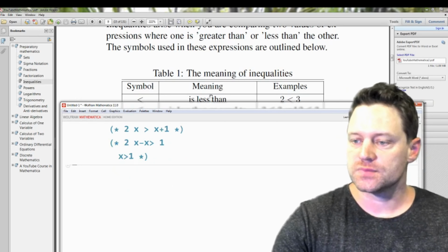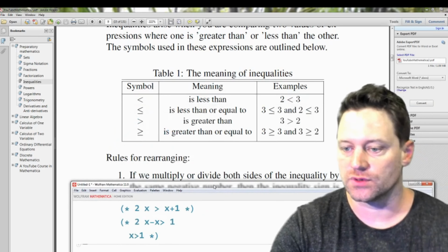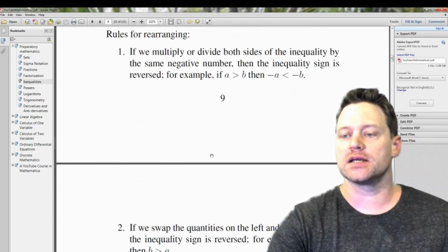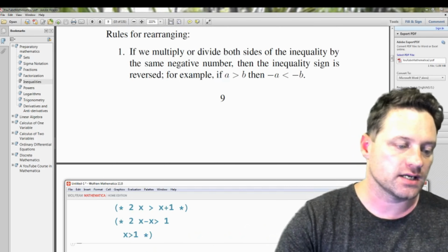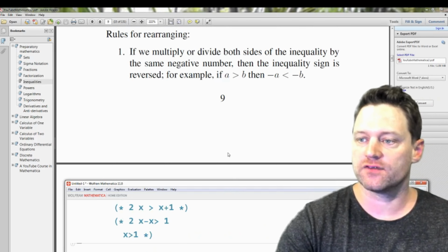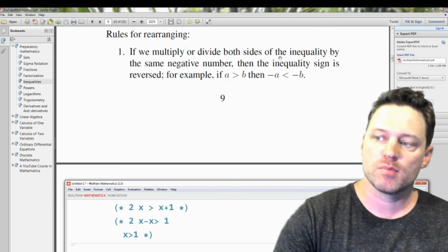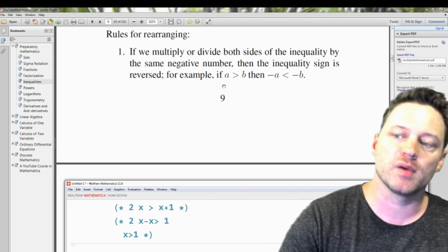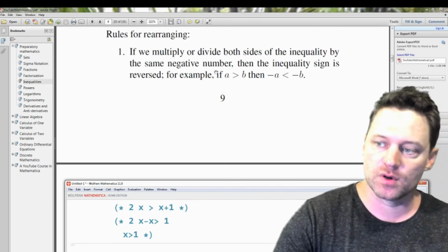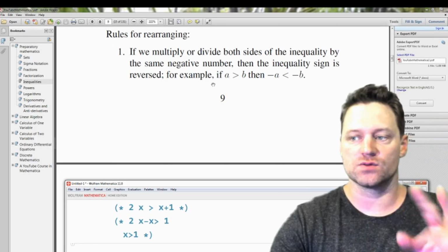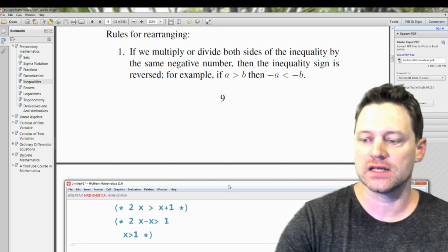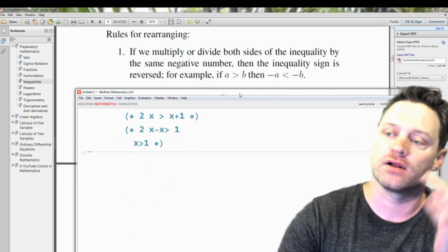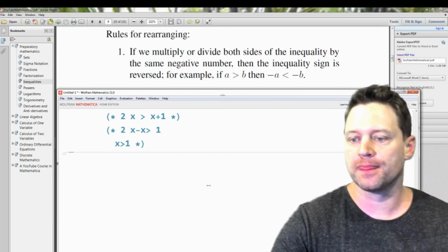Now let's talk about the rules for rearranging inequalities. Our first rule: if we multiply or divide both sides of the inequality by the same negative number, then the inequality sign is reversed. Now this really requires an example to get your head around, even though it's fairly simple.